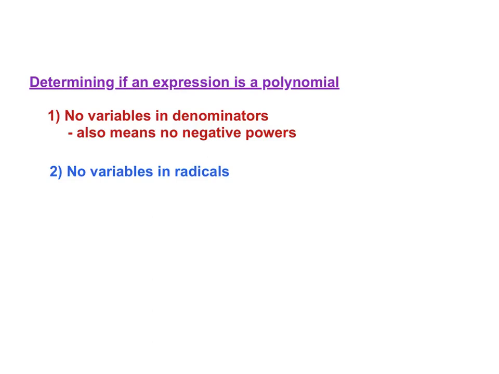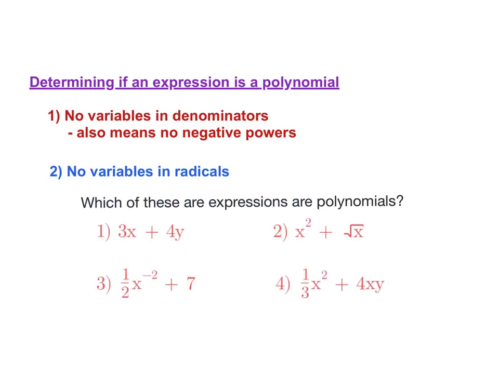If it isn't a polynomial, you would say something like, there's a variable in the denominator, so it's not a polynomial. Or there's a variable under the radical, so it's not a polynomial. Okay, so we've got examples here. And we're going to go through each one and talk about how you are supposed to decide if it's a polynomial or not.